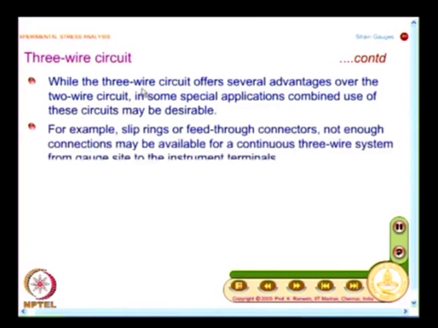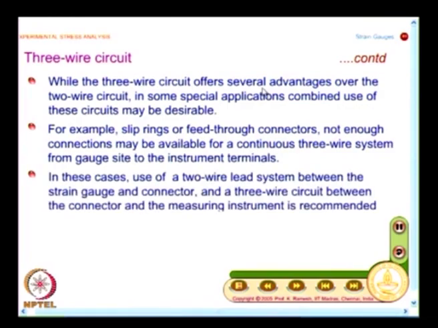See, a 3 wire circuit definitely offers several advantages, but you cannot use this always. There are reasons why we are unable to use it. The recommendation is, in some special applications, combined use of these circuits may be desirable. So, you can take one example. In the case of rotating components, if I have to make strain measurement, I have to attach a slip ring.